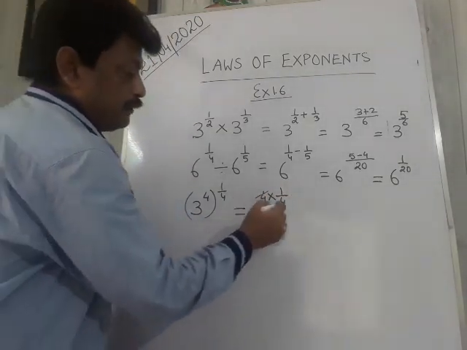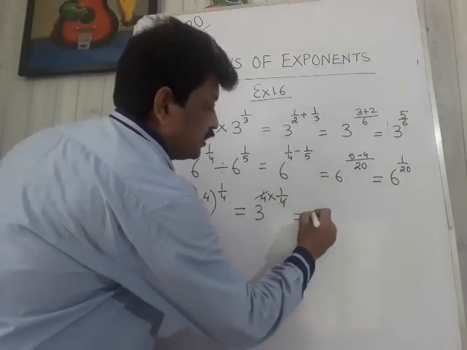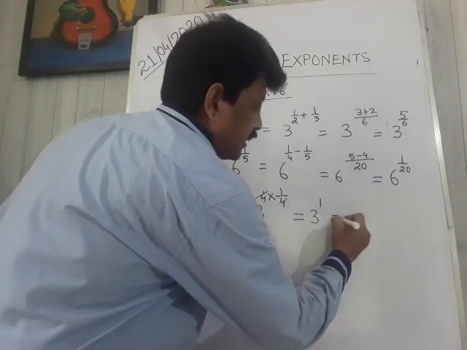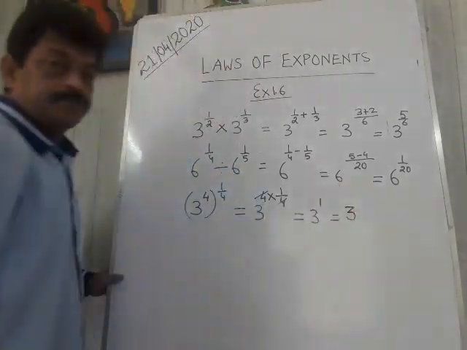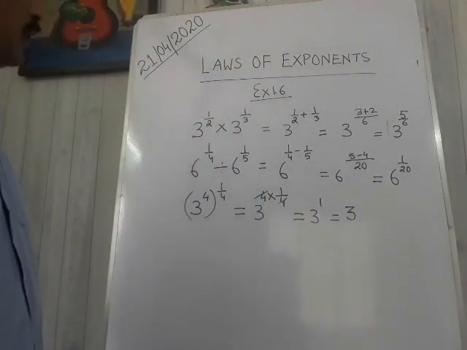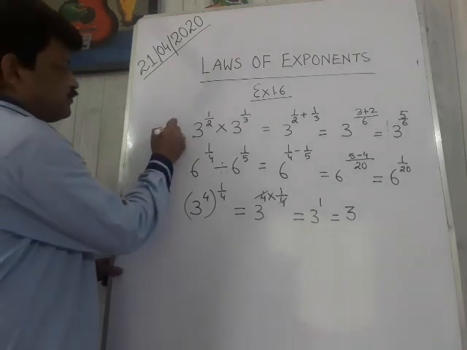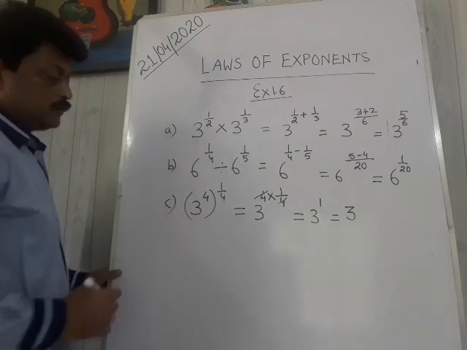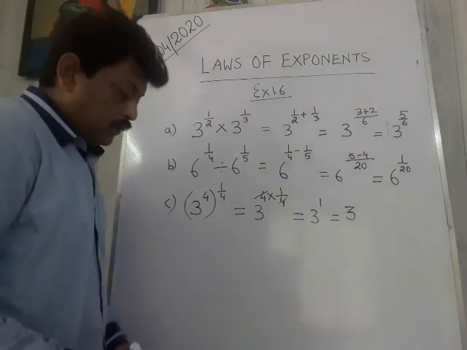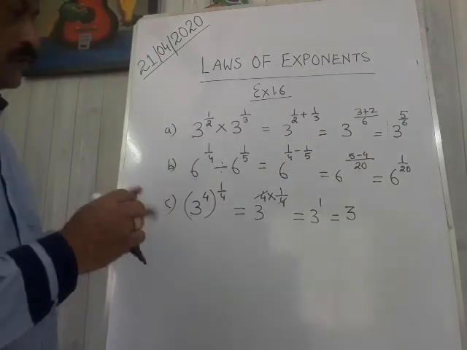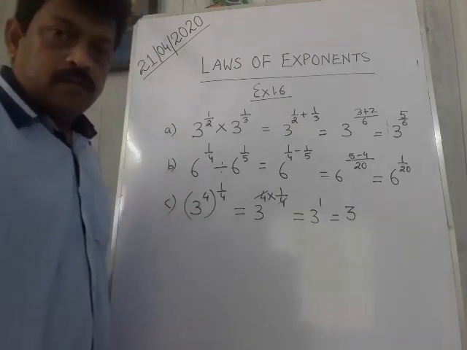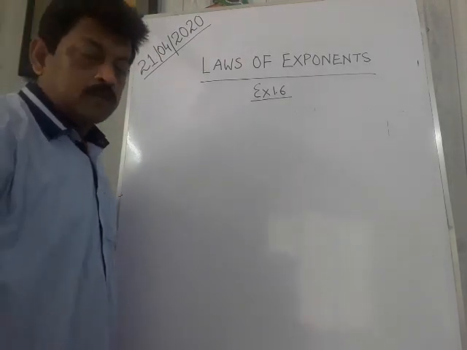So here 4 will be cancelled. It will become 3 power 1, or it can be written as 3. So in this way there are so many different sums which can be solved by using laws of exponent. Now let me show you some different type of sum related to the laws of exponent.